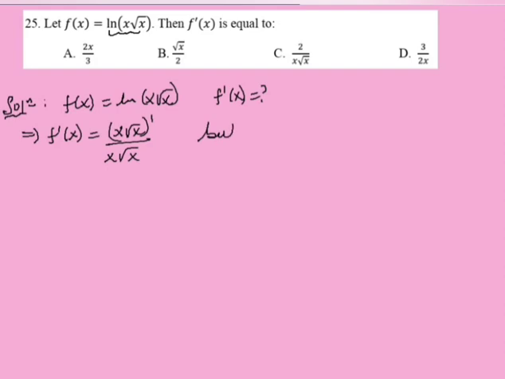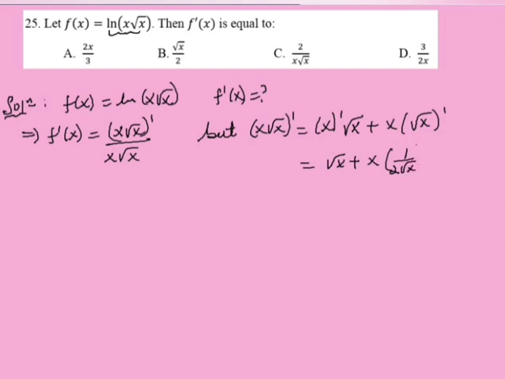But here, the derivative of x root x means applying the product rule: the derivative of x times root x plus x times the derivative of root x, which is root x plus x times 1 over 2 root x.